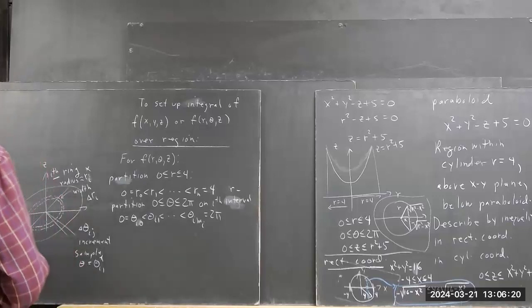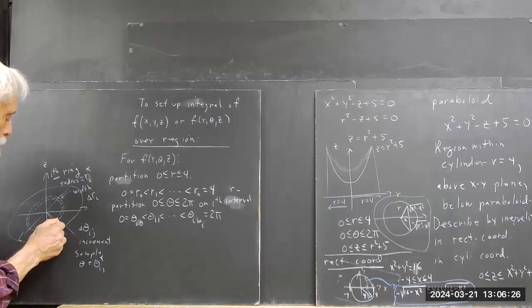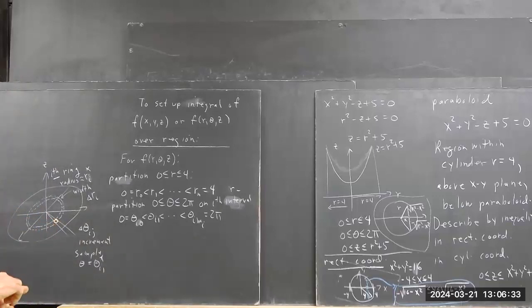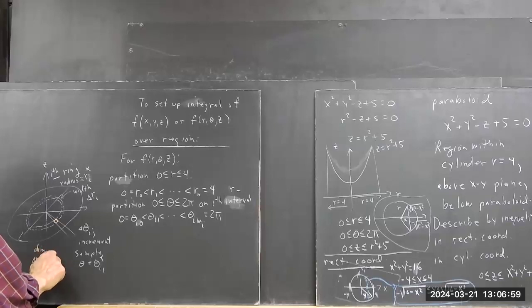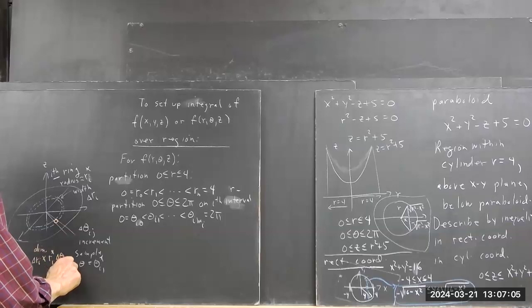So that now this little increment has dimensions delta r i by r i star delta theta ij.